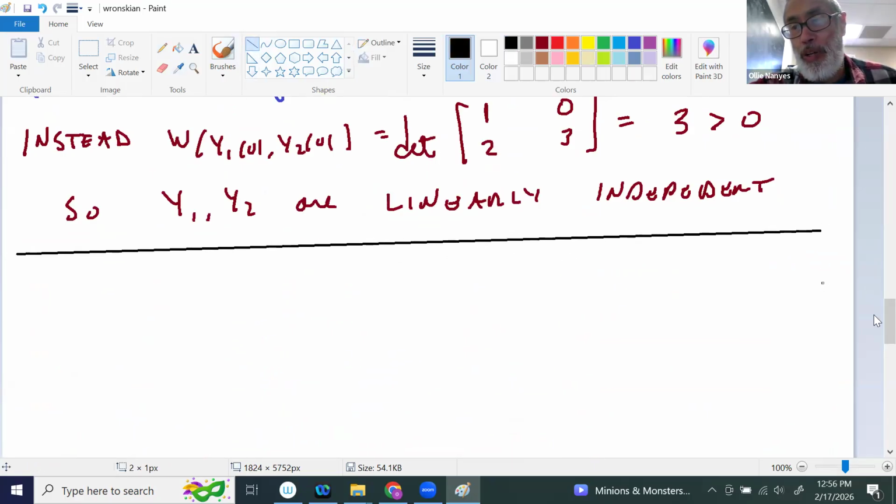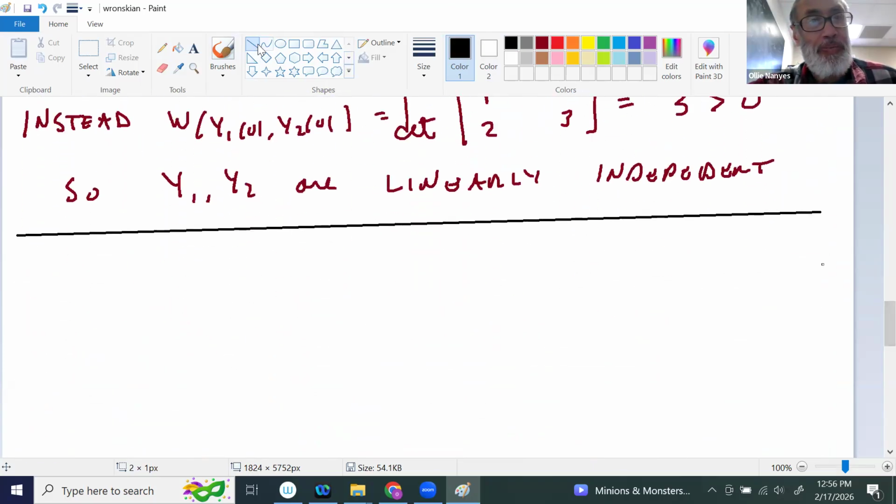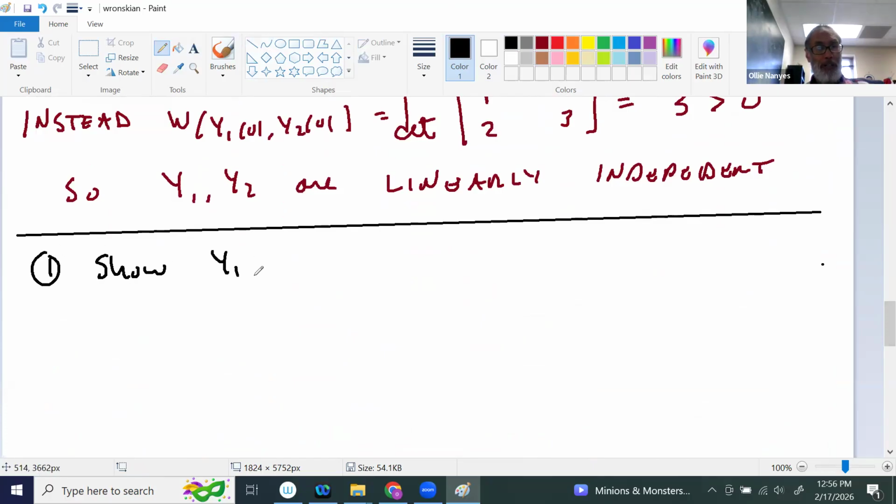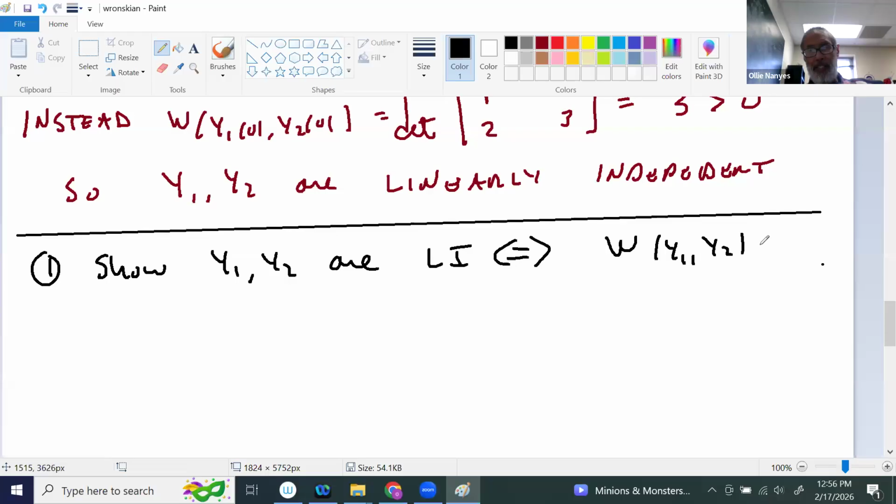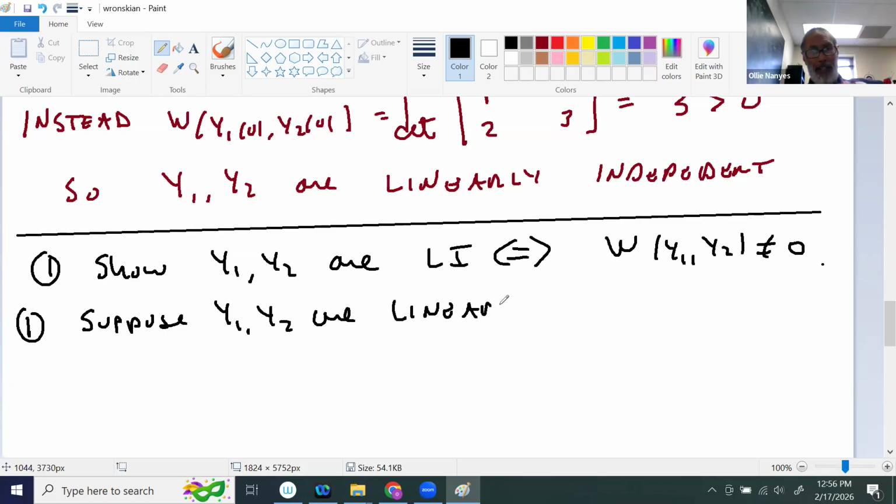So the first part is that we're going to show, for part 1, that y1 and y2 are linearly independent if and only if the Wronskian is not 0. So let's start off. Suppose y1 and y2 are linearly dependent.